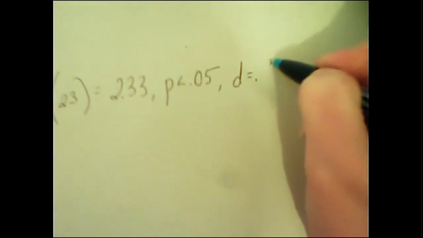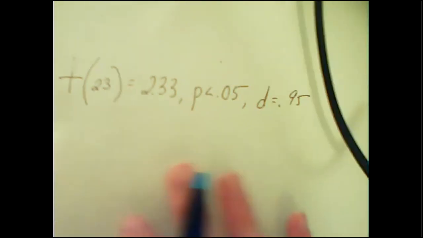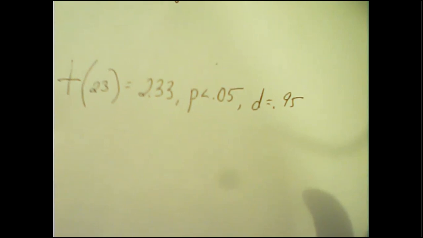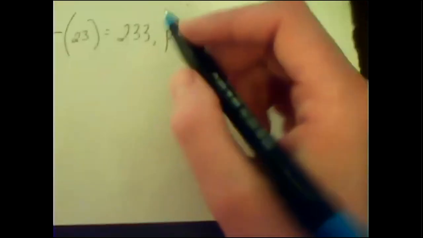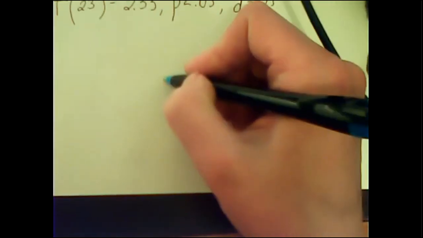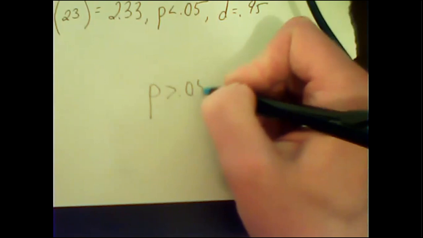D equals 0.95. Okay, you'll have to do that in the stats project. That's the string of terminology. T-value, degrees of freedom, what was the obtained t? The p-value shows you whether it was significant or not, and Cohen's d is a measure of effect size. Remember, if you have a non-significant result and you don't reject the null, the probability of an error is greater than 5%.